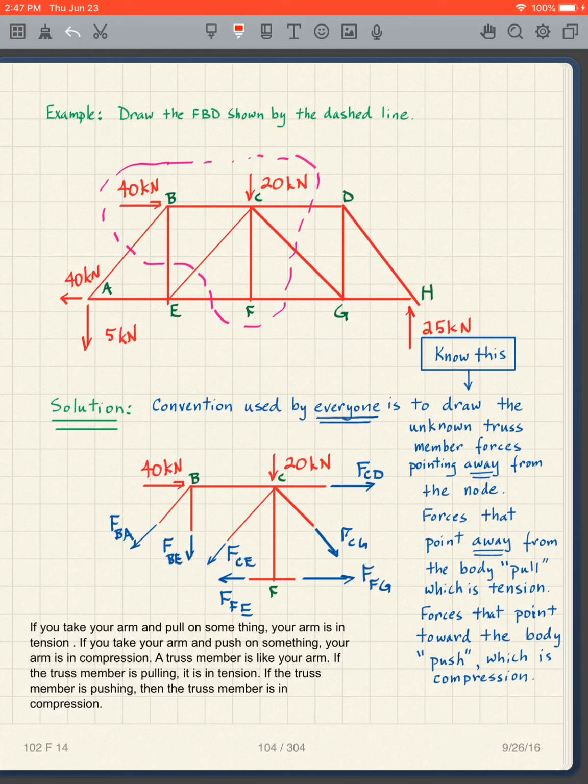If it's a connection to a wall for a cantilever beam, then we put a moment and an X and a Y force. So it depends on what we're cutting. What you have to recognize is what we're cutting with our free body diagram determines what we put. And in this case, we're always cutting truss members, and so I put tension or compression at each member.